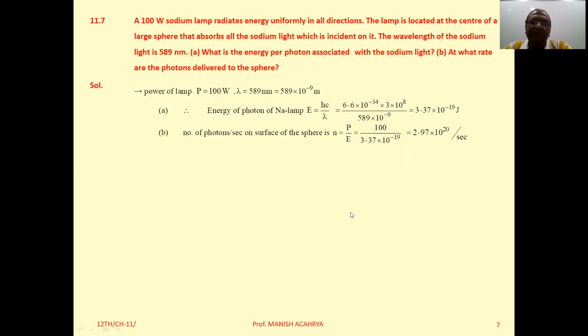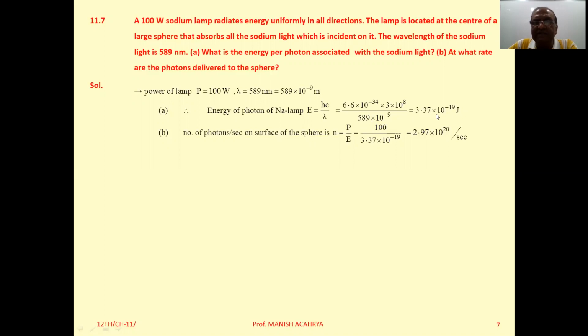So the power of the lamp is 100 watt. Lambda is 589 nanometer, so that is 589 into 10 raised to minus 9 meter. The energy of the photon of the sodium lamp is E equal to hc upon lambda. Now substitute the values of h, c and lambda that are given to you, and then solve it.